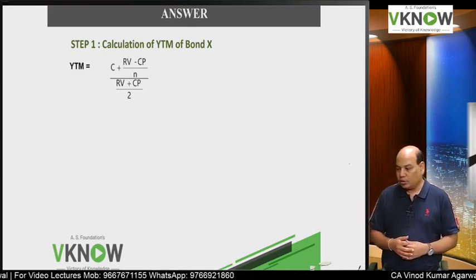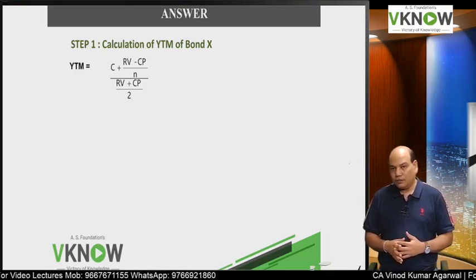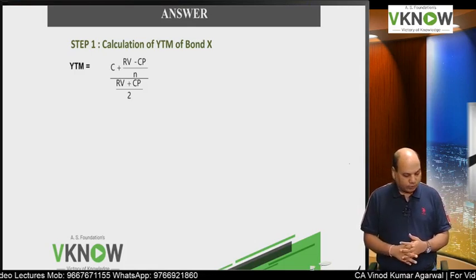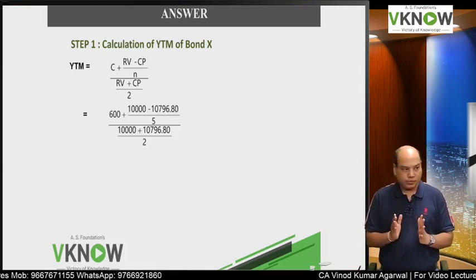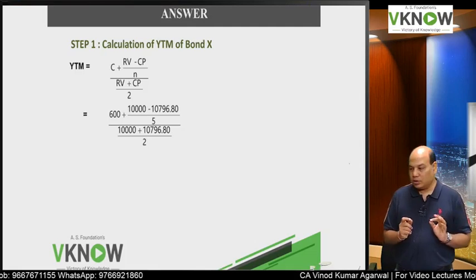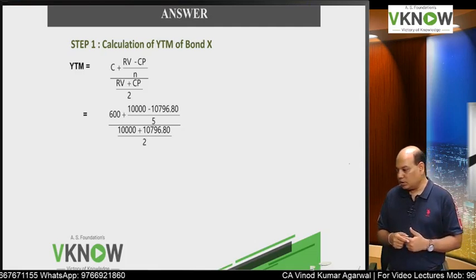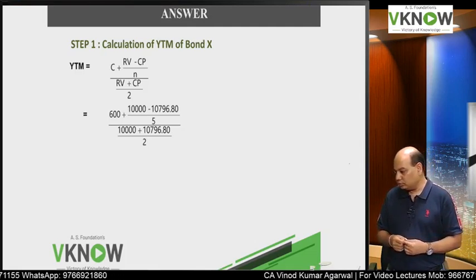So write down the formula. After writing the formula, we'll have to solve. So I will put the values in front of you and the students will solve it and give me the answer.